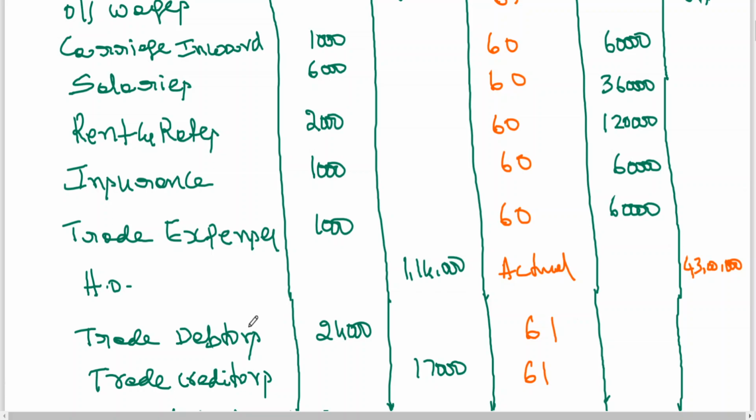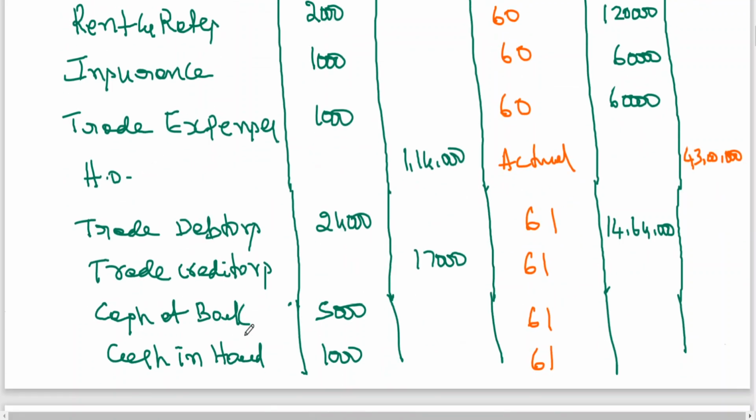Debtors 24,000 into 61, 14 lakhs 64,000. Now this is 17,000 into 61. Trade creditors, is it 17,000?